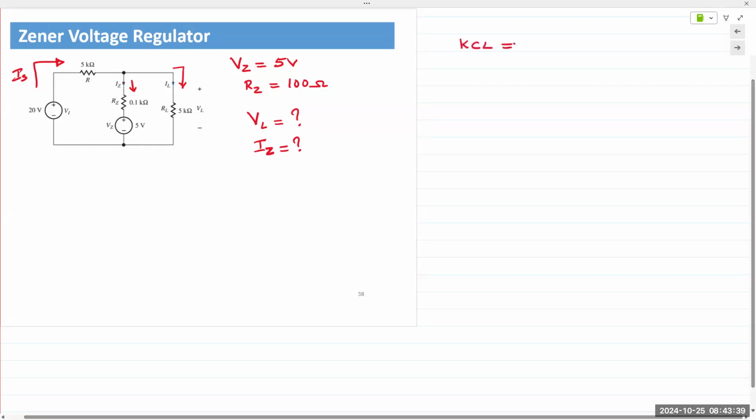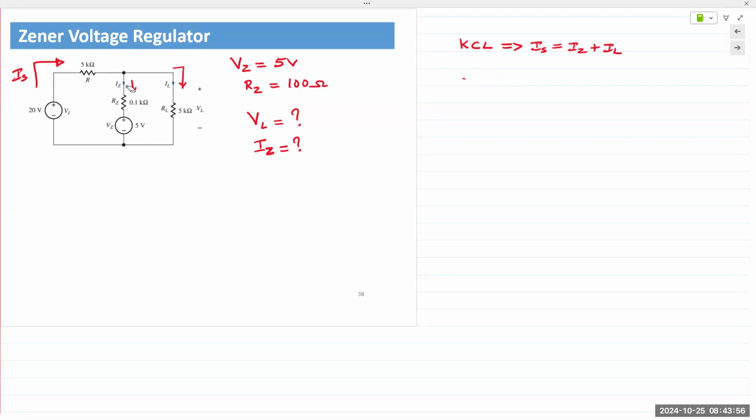So from KCL, we can write IS is equal to IZ plus IL. We want to find VL, so we simply substitute.